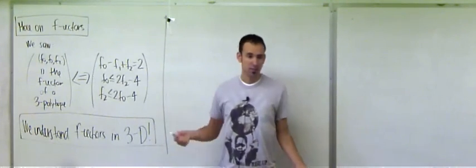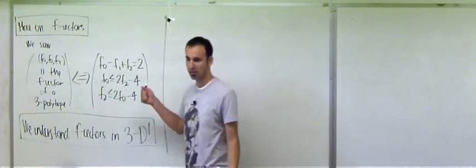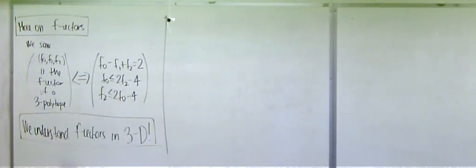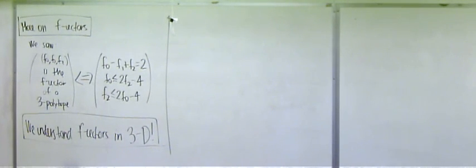But I told you that dimensions 1, 2, and 3 are the only dimensions where we can do this, and I already told you that even in 4 dimensions, this is wide open. We don't really know what the f vectors of 4-dimensional polytopes are, and so that means that in d dimensions it's just even more wide open, right?